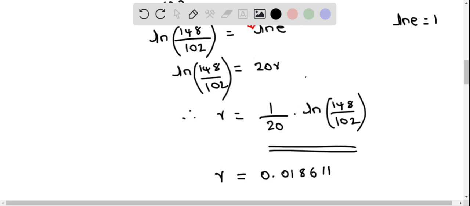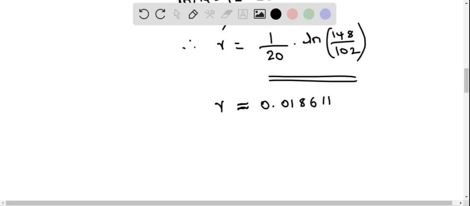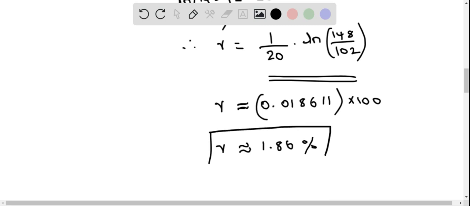0.018611. And since we have to convert this into percentage, we multiply this by 100. So r is approximately, when you multiply this by 100, we get 1.86%. I'm just considering only two decimal places, that is rounding to two decimal places.